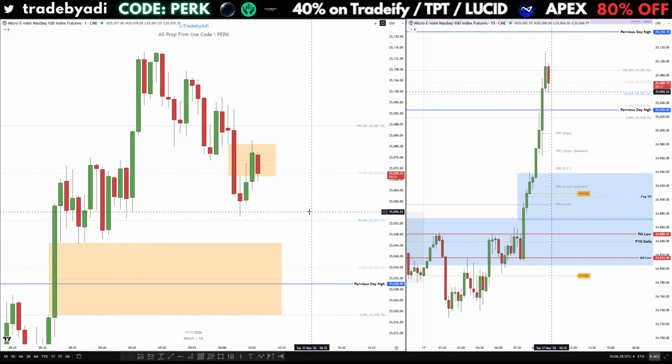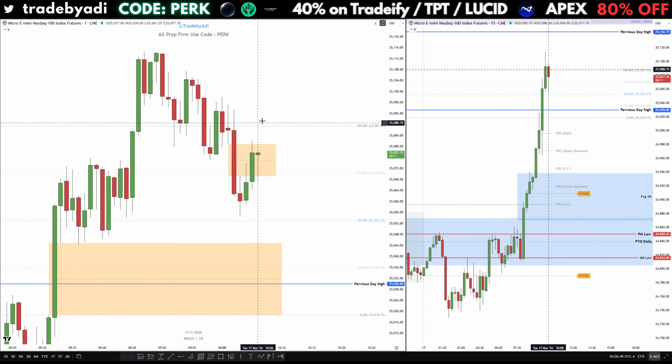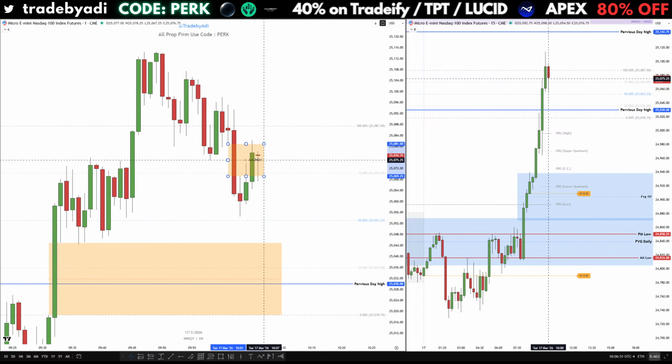It is not going to be high risk. That's why I was waiting for more information. This fair value gap is going to tell us the whole story of the 10 o'clock candle.